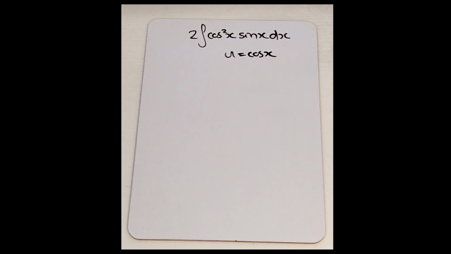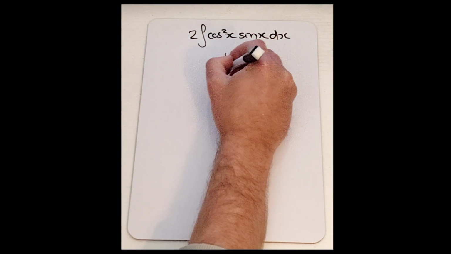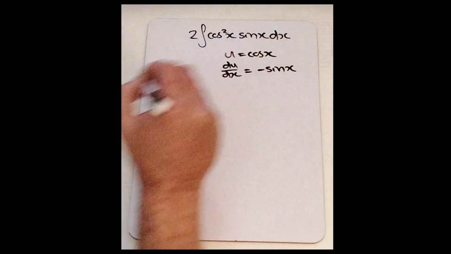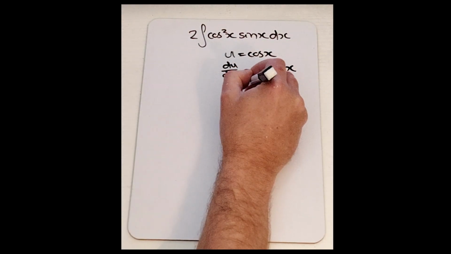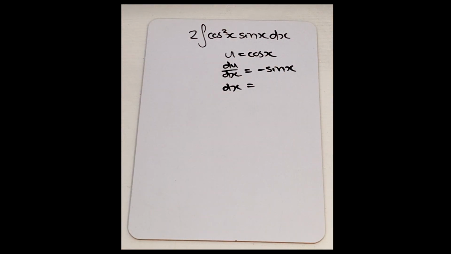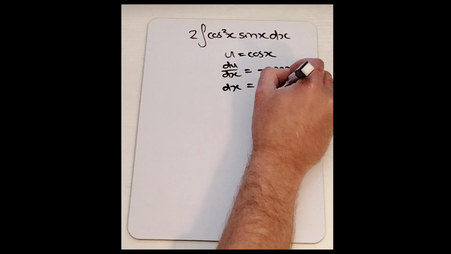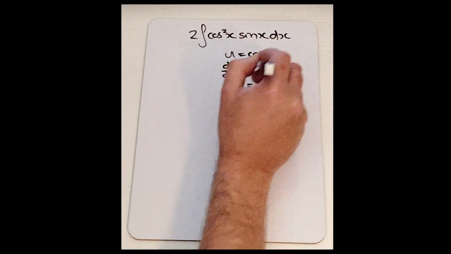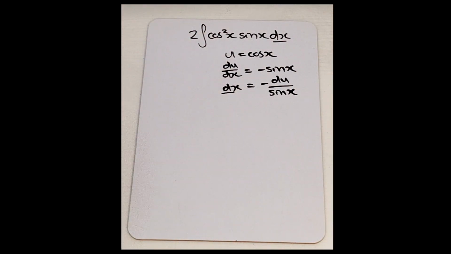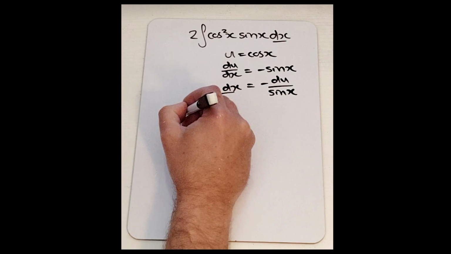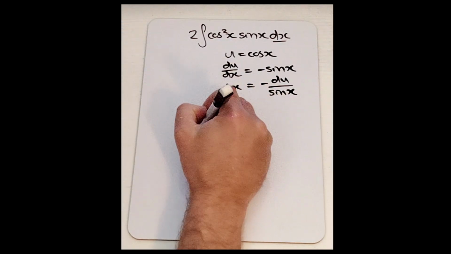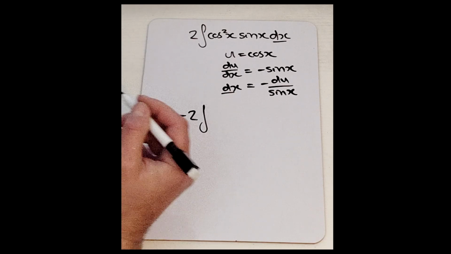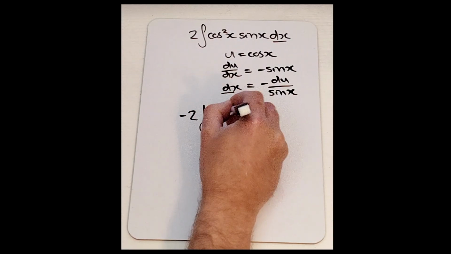Now the beauty of this is if I differentiate it, I get negative sin x, and then I'm going to rearrange to get dx on its own, so that becomes negative du upon sin x. And you'll see if I substitute this in place of dx in my integral, it becomes equal to 2, I'll take the negative outside, integral of, now cos squared, since we've got u as cos x, it becomes u squared.